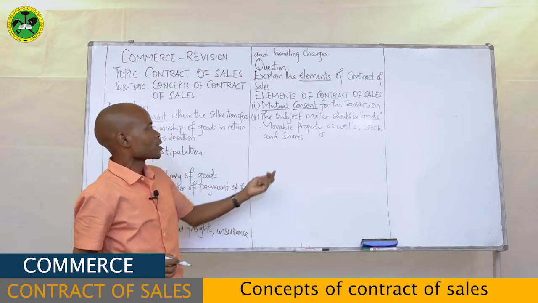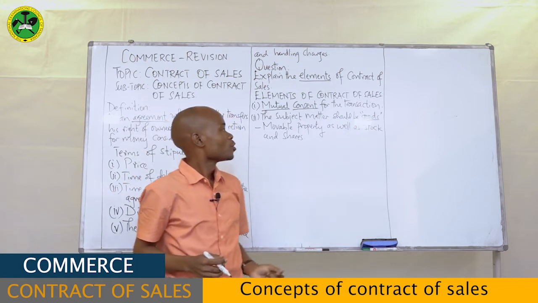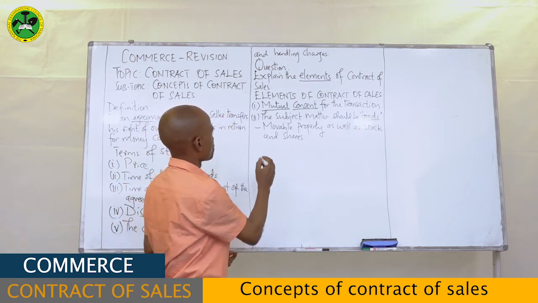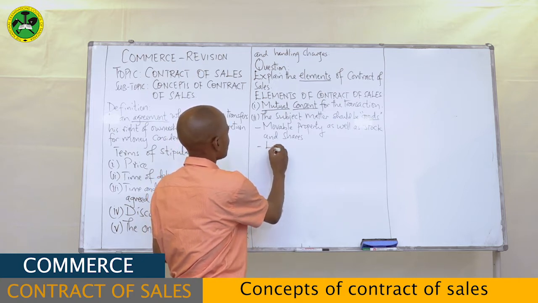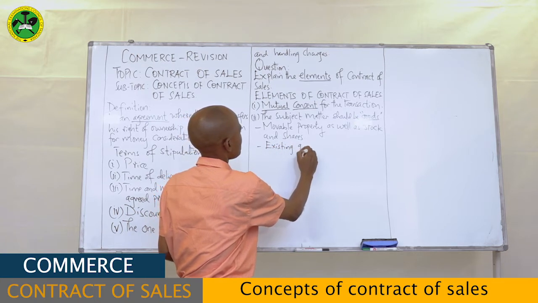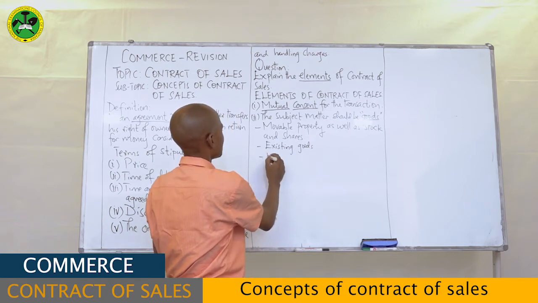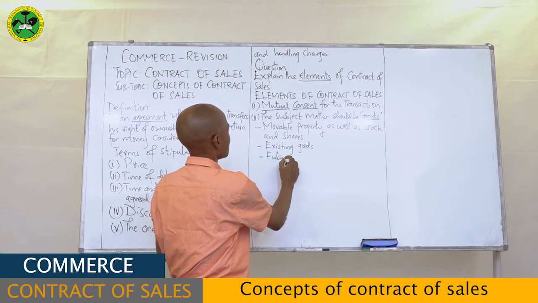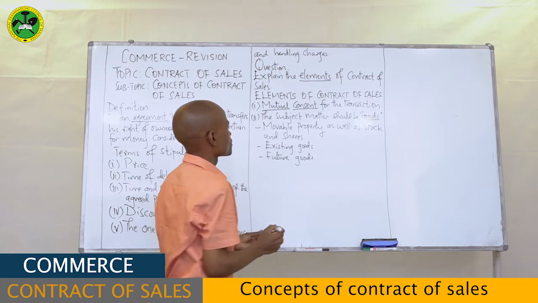But we also have some concepts which are related to goods. These are as follows: existing goods and future goods.